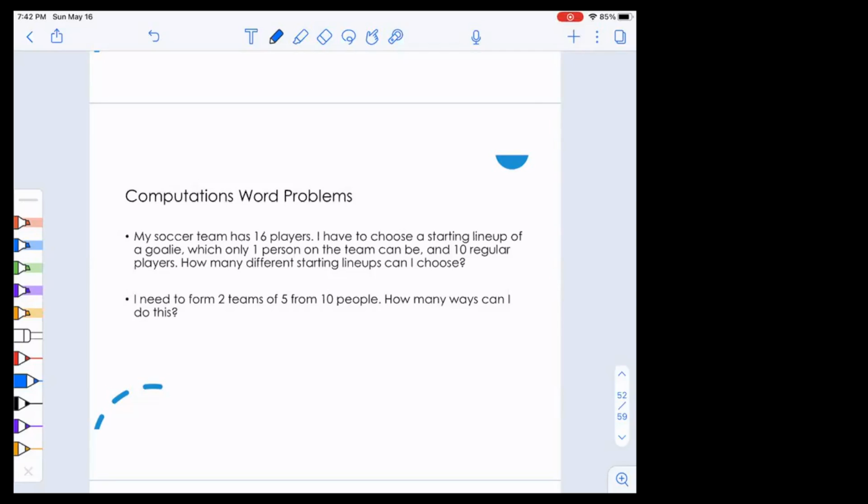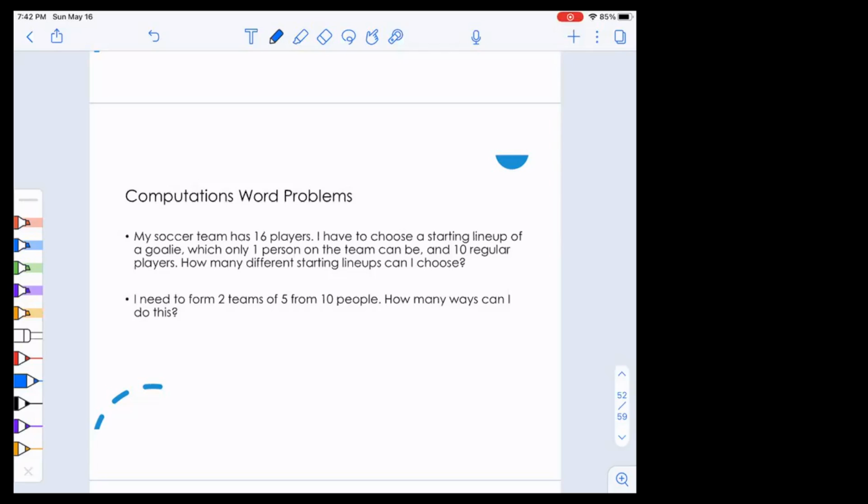All right, I'll go over these ones. So these are the same concepts as the computations, but like these are just in word form, so you need to understand the meaning of these.